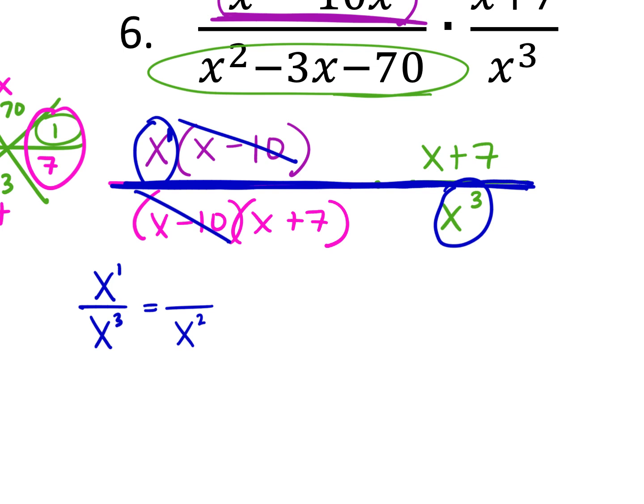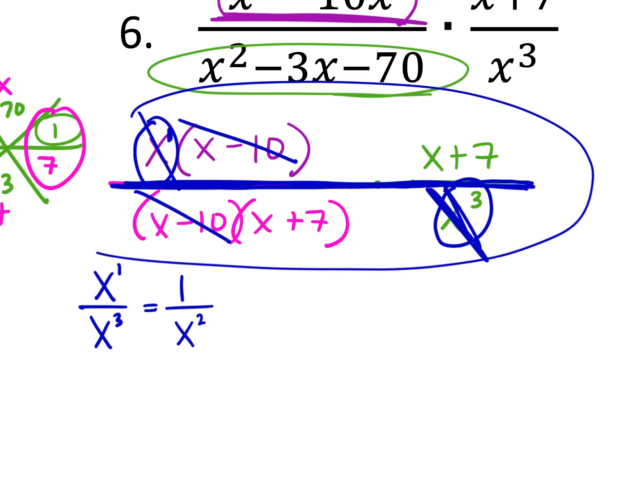So what is actually on top? A 1. Okay, so you simplified those to this. Is there anything else from this original setup we can simplify? The x plus 7s. X plus 7 over x plus 7 is 1. So all you're left with is what we simplified with our x's. So that's your answer.